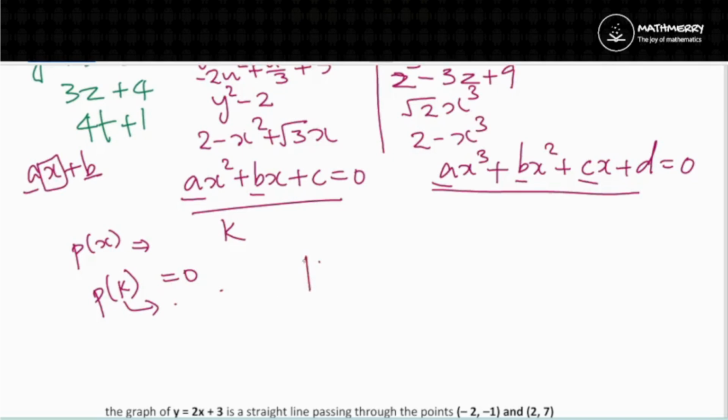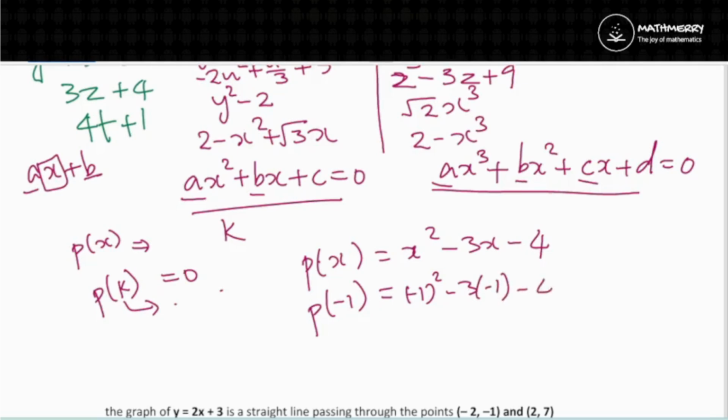For example, if p of x is equal to x square minus 3x minus 4, if we put x equal to minus 1, what are we getting? Minus 1 the whole square minus 3 into minus 1 minus 4. Now minus 1 the whole square is 1 itself.